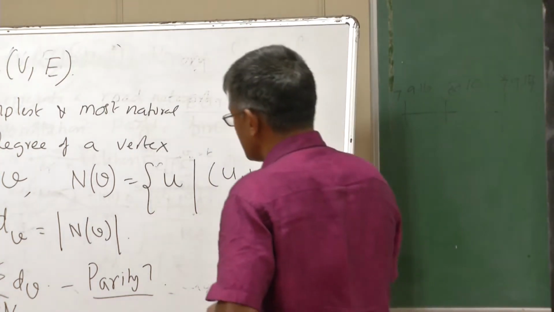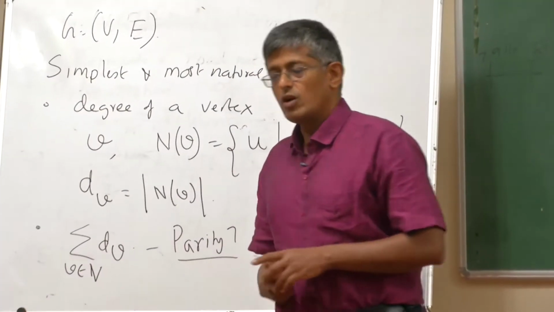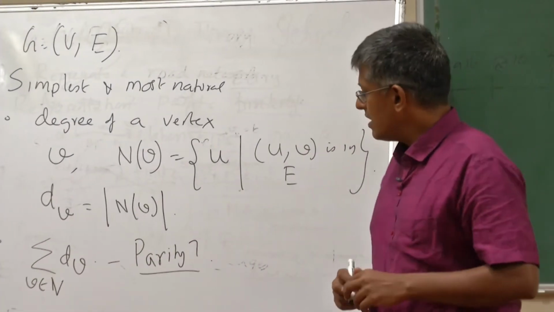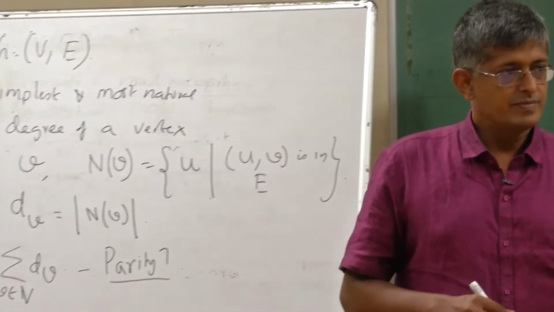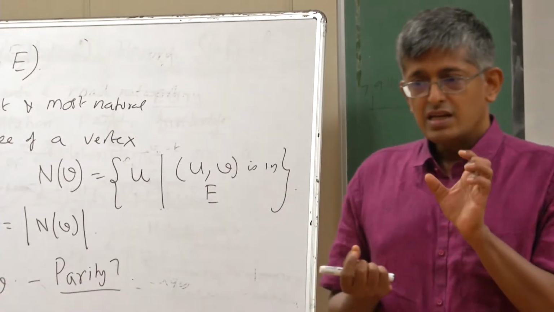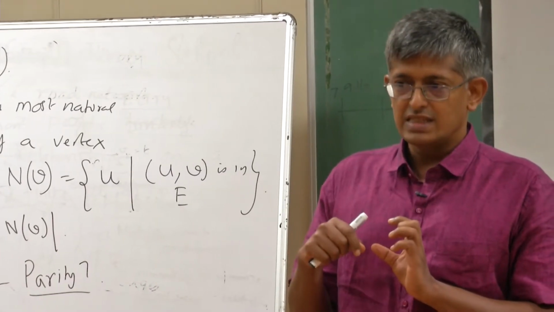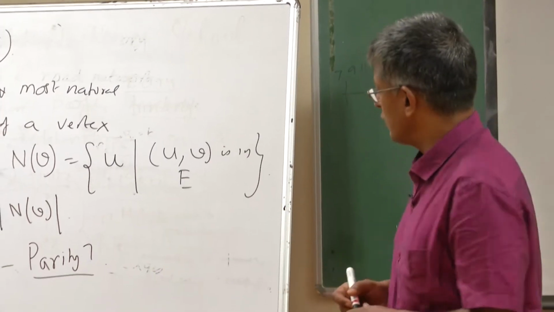So if you consider summation dV, V belonging to V, what is its parity? It is even, quite obviously, because every edge gets counted twice. Every edge has two endpoints. That edge will get counted at both endpoints once. Therefore, this will always be an even number. So it is even.